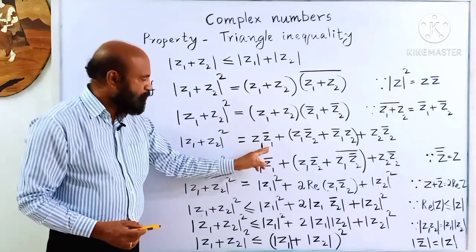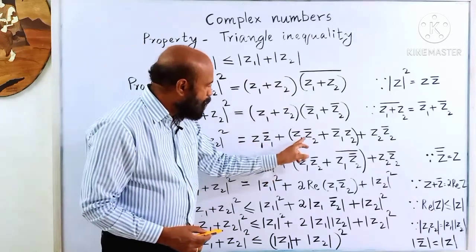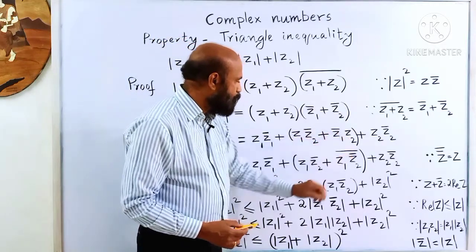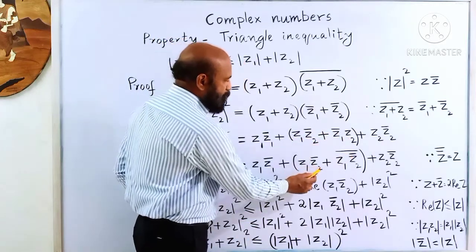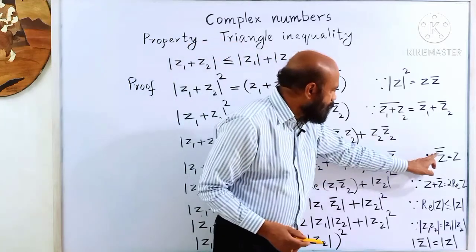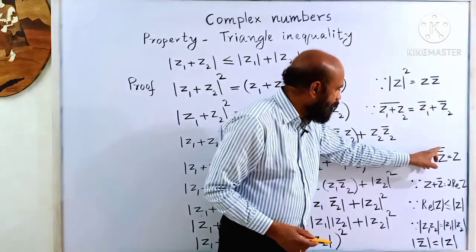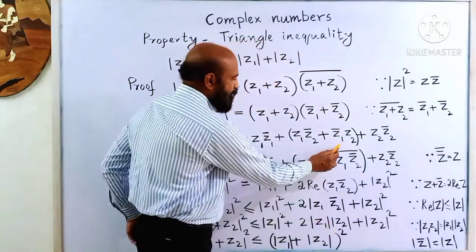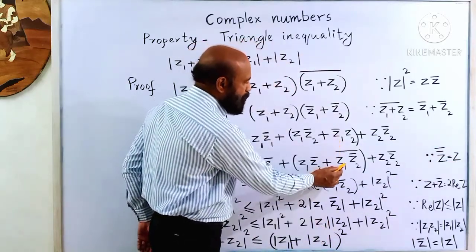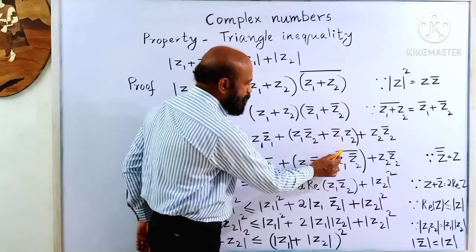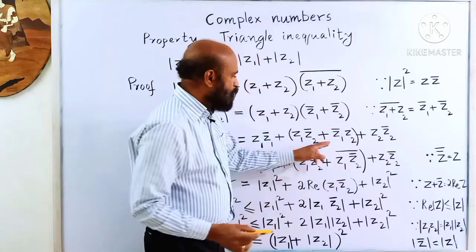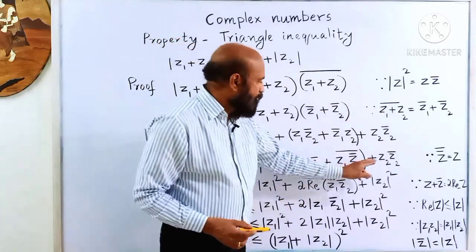So this can be written like this, because if you take the conjugate of Z conjugate again, it will be Z itself. So we can write like this. This term can be written like this. See, Z1 conjugate with conjugate taken two times will be the same as Z2. So this can be written like this.